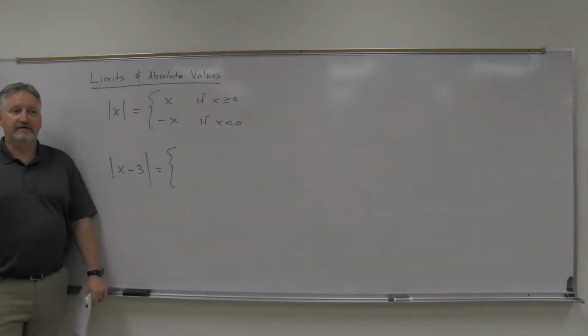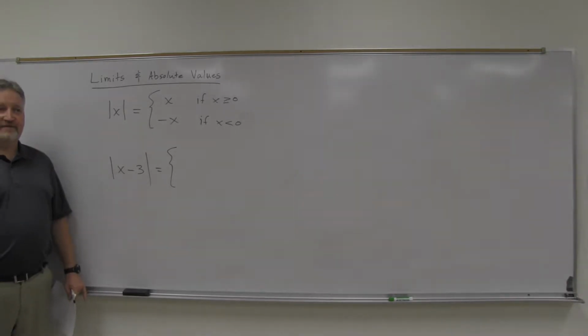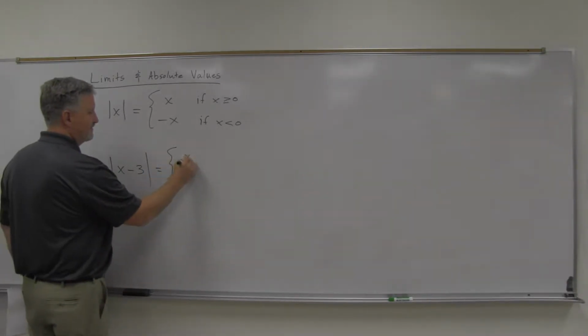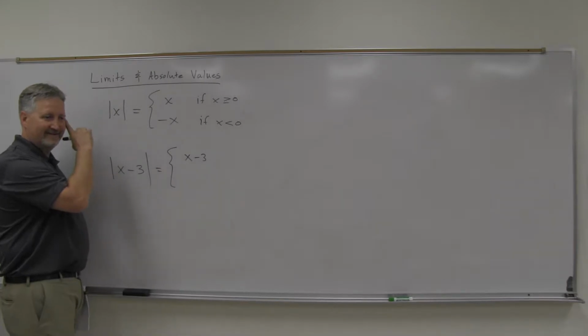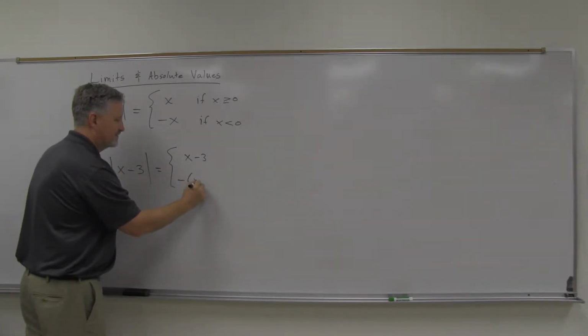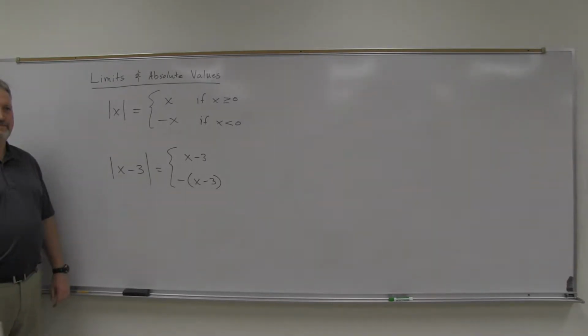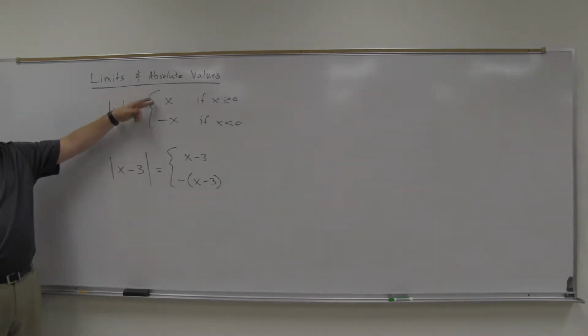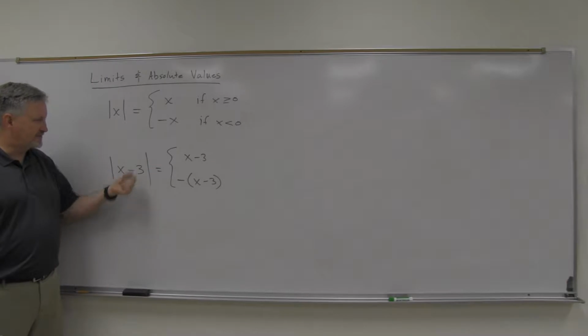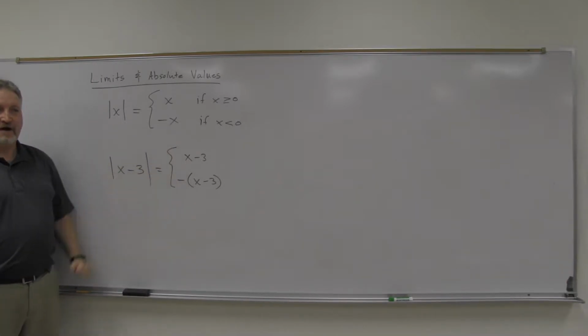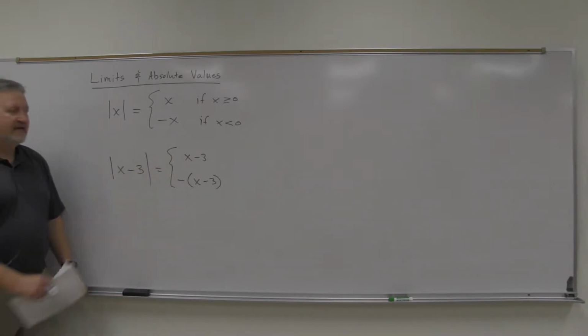One part of it is going to be x minus 3, and then guess what the other part is? Minus of x minus 3. So it's similar to that, except now we've got x minus 3, so we've got x minus 3 and minus of x minus 3, okay?